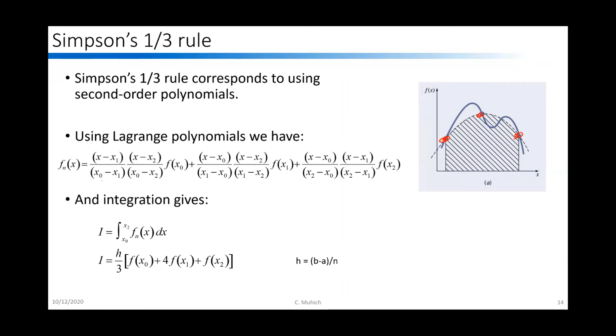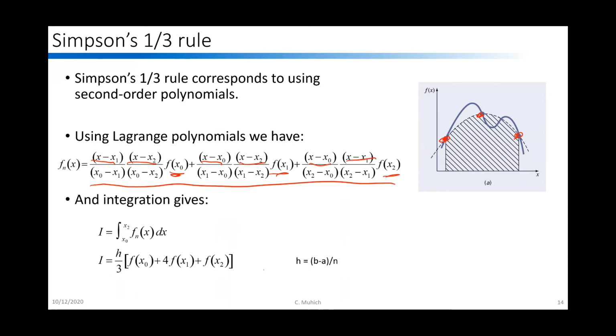If you remember from our line fitting, this is the equation for a quadratic Lagrangian polynomial. Here we have our x terms out front, over specifically 3 points.